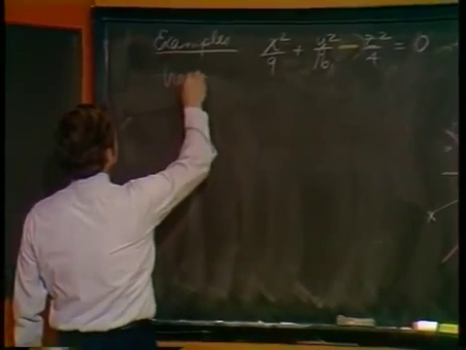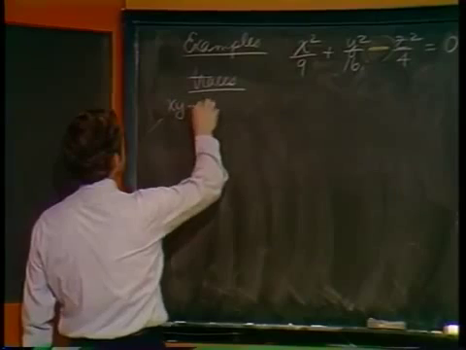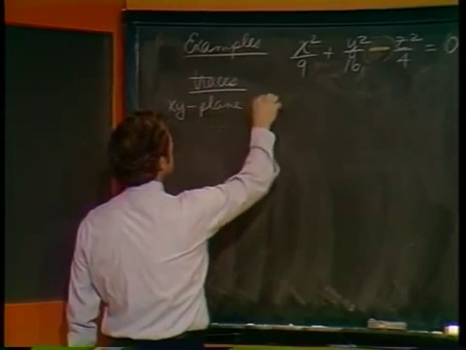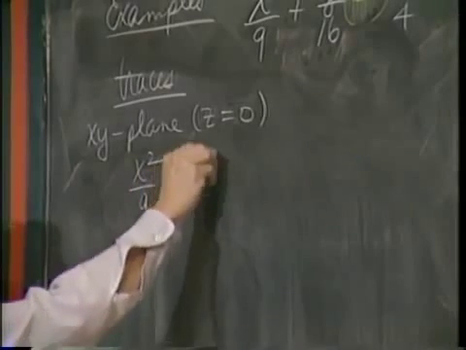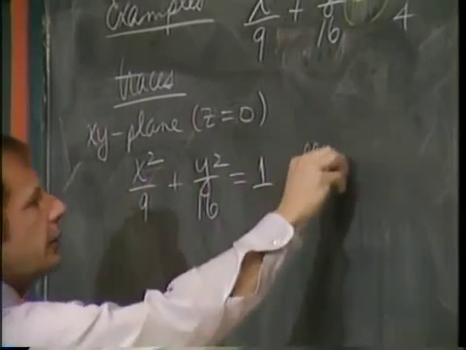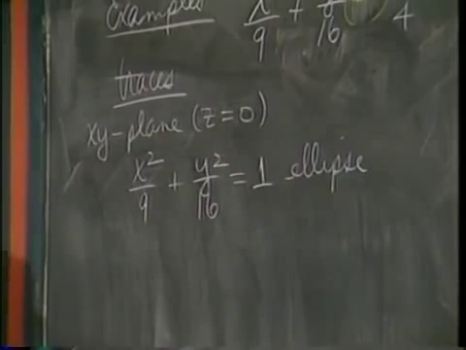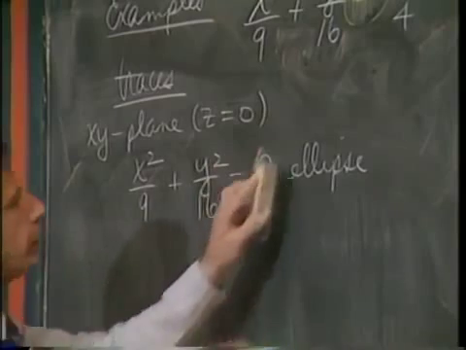Again, let's take a look at your traces. The XY plane seems to be a good place to start. What do you know? One more time, we get the same old ellipse. Same green picture over there, I guess. Is that true? No, we don't. Fooled myself.